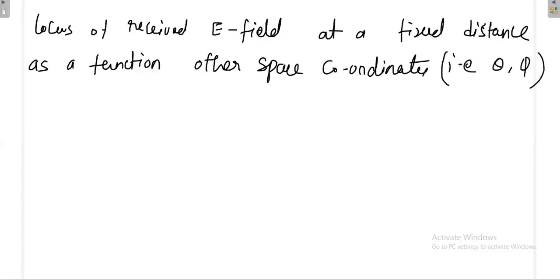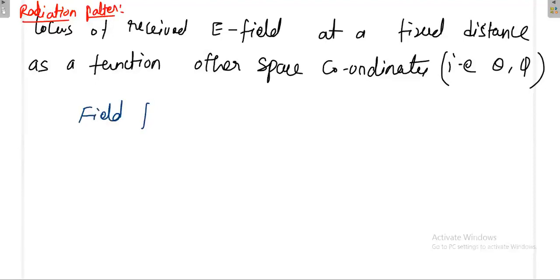So the radiation pattern can also be called a field pattern or power pattern. Once you draw the radiation pattern for the E field, that is called a field pattern.